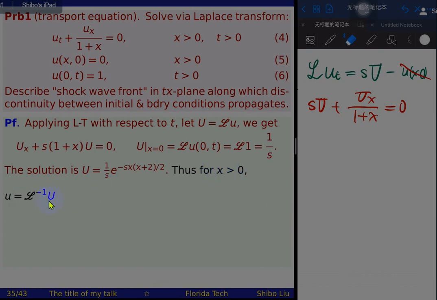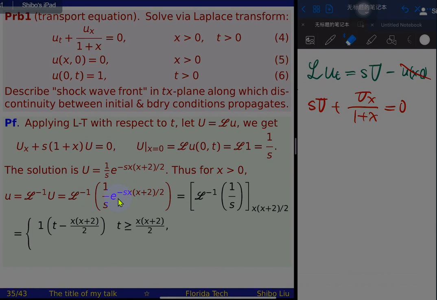The inverse transform of capital U for x positive equals the inverse transform of 1 over s times the exponential of minus s times x(x+2)/2.